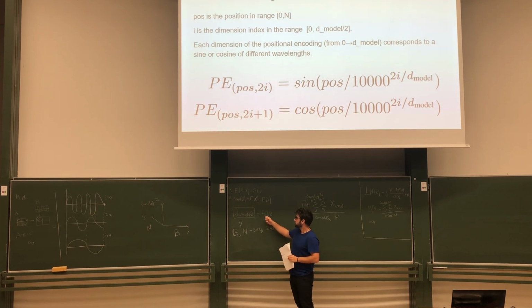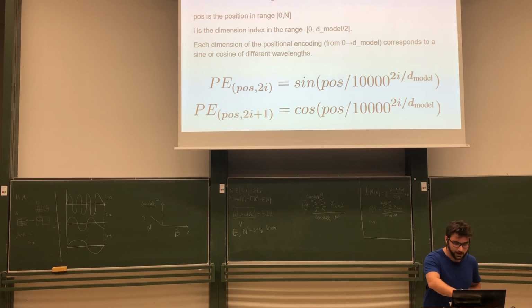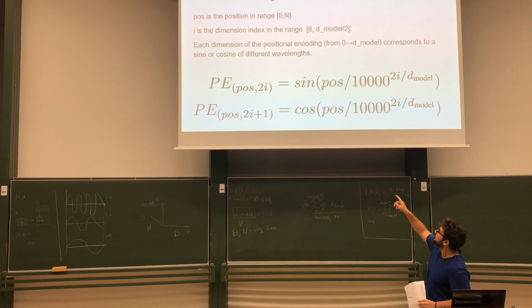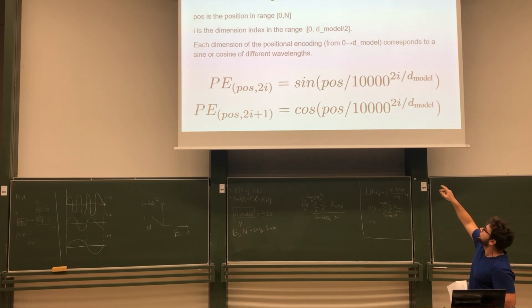Each one of these dimensions is indexed by the index i, the dimension index, so it goes from 0 to 256 in this example, so d model divided by 2.